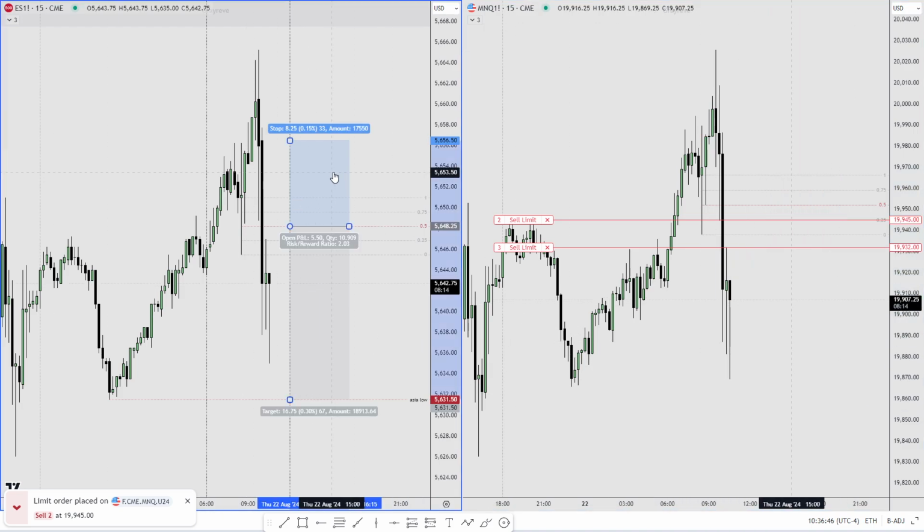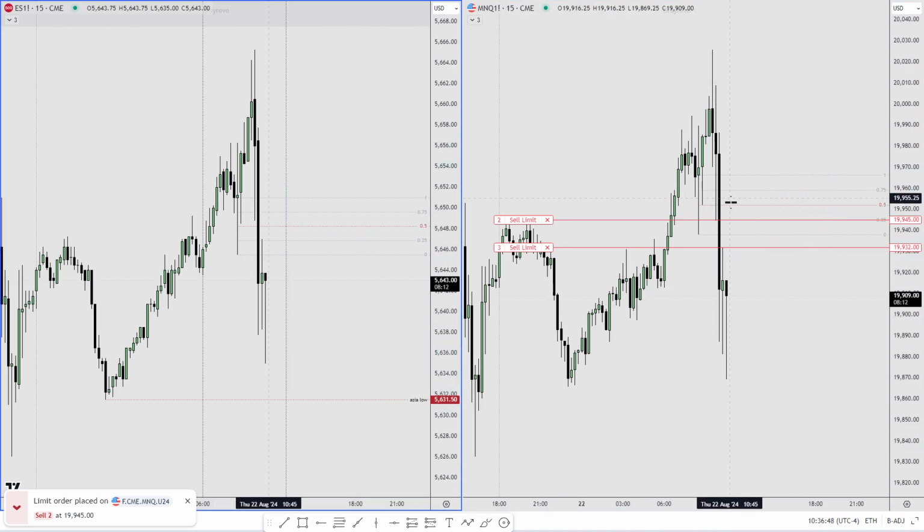Right, and my stops will be above here, this candle's opening price.